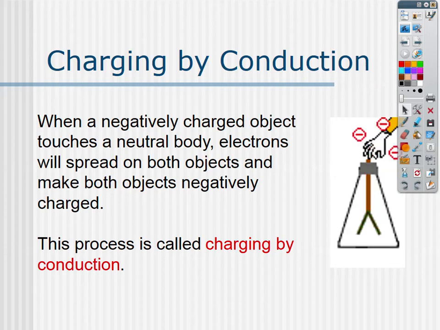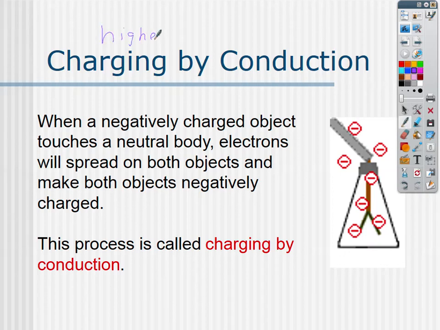The big thing here is charge will balance out. Charge has to balance out. If you have two objects that are different negative charges, they will go from a higher charge to a lower charge. I'll write that down. We always go from a higher charge to a lower charge. And what will happen is they will balance out.